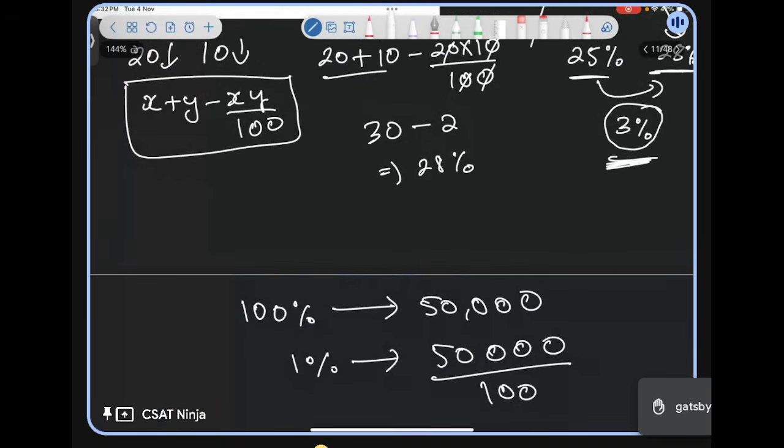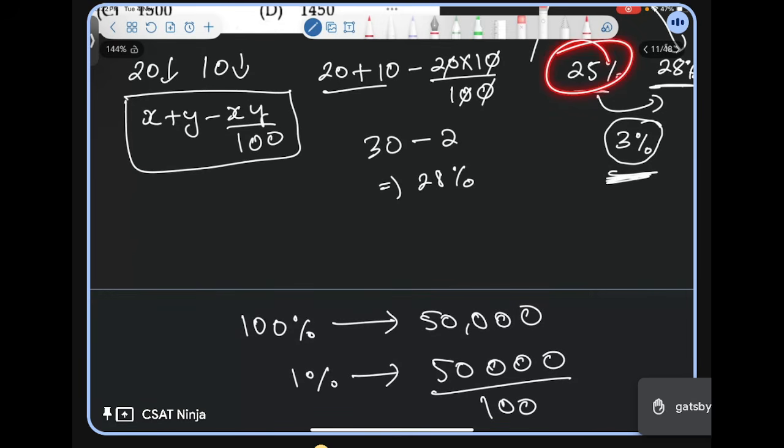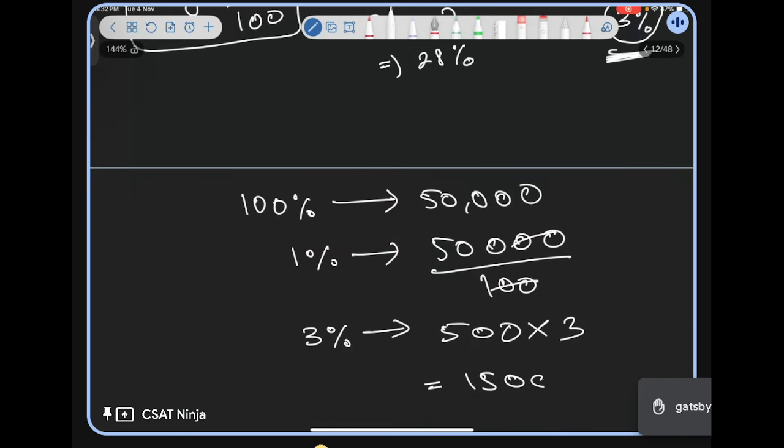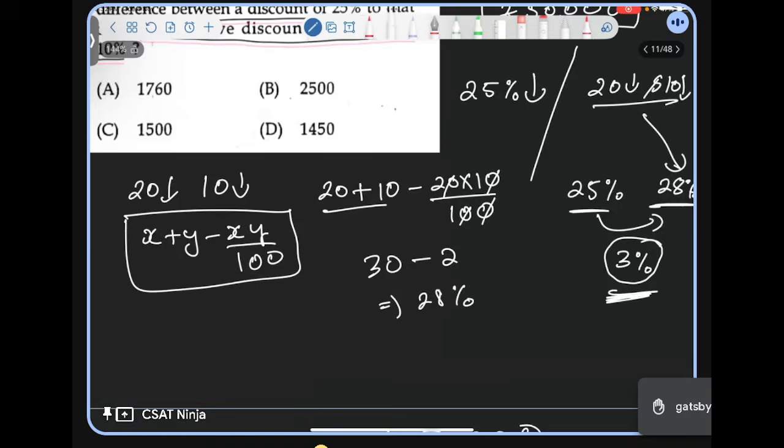The difference between these two discounts, 25% and 28%, is 3%. So I just need to find 3%. If 1% is this one, 3% will be 500 into 3. Can I just cancel directly here? 500 into 3, so 5 threes are 15. So 1,500 is the answer.